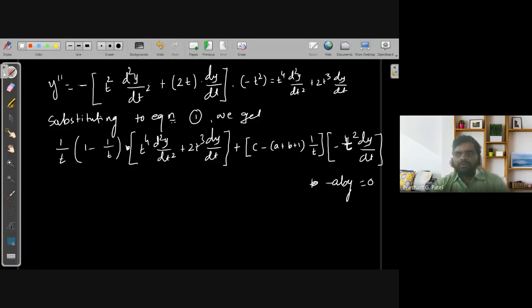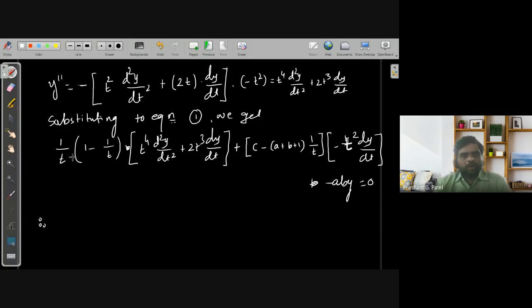So this is what we got. If we take the LCM here, or just multiply these two brackets, I need to calculate the coefficient of d square y by dt square.